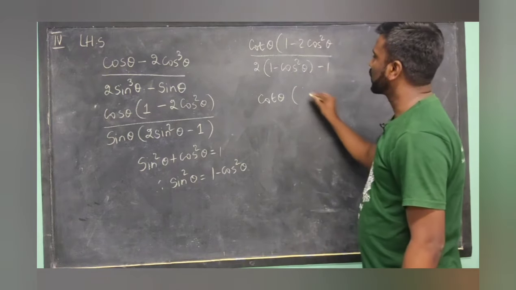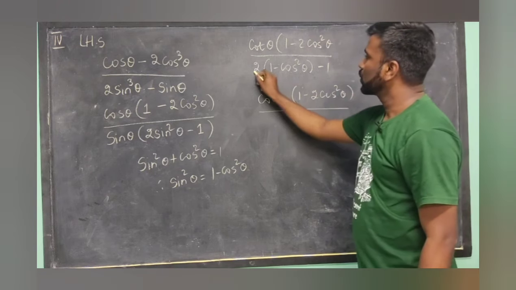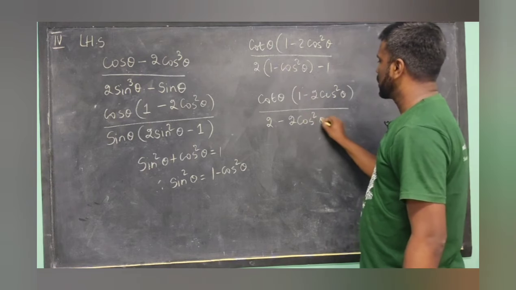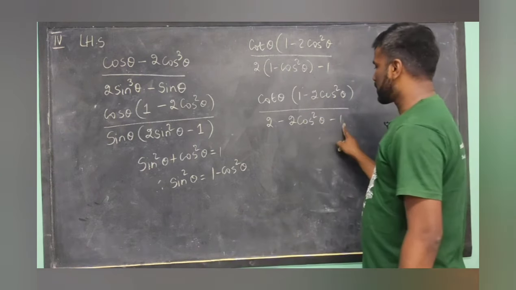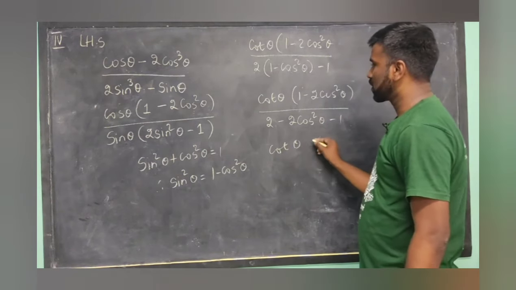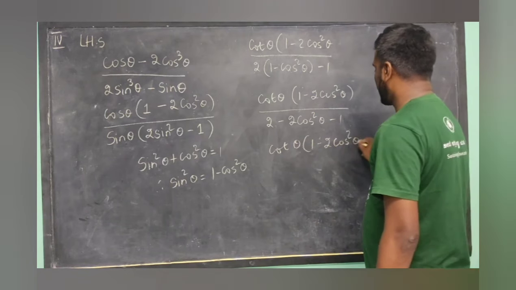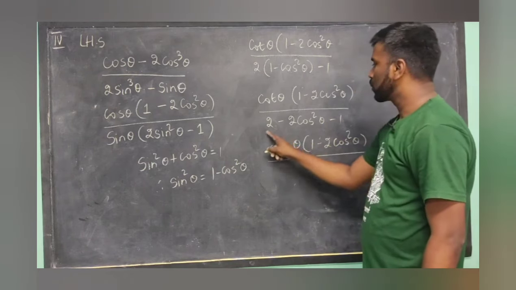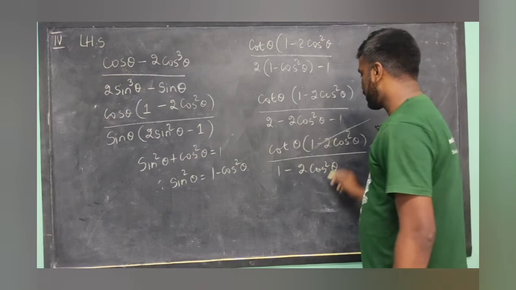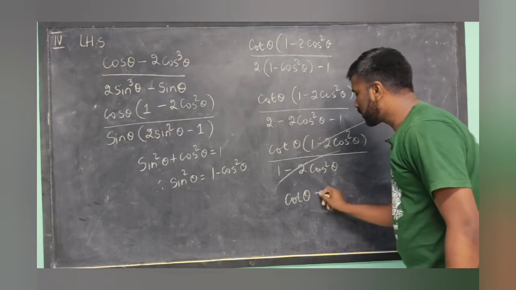Numerator as it is, cot theta into 1 minus 2 cos square theta, whole divided by 1 minus 2 cos square theta. Now 1 minus 2 cos square theta will cancel out. We get cot theta, which is equal to RHS.